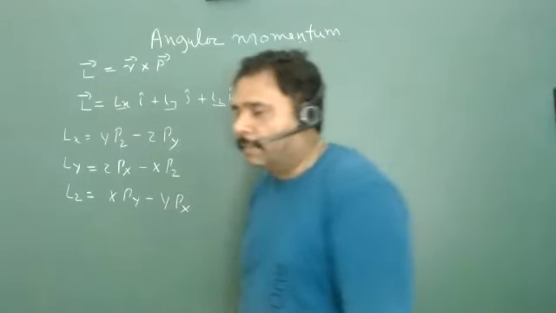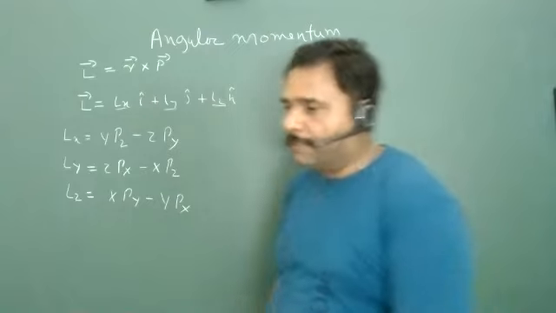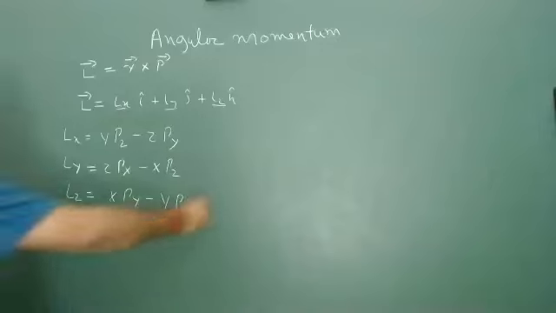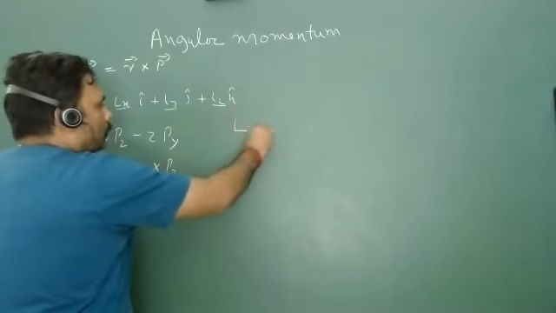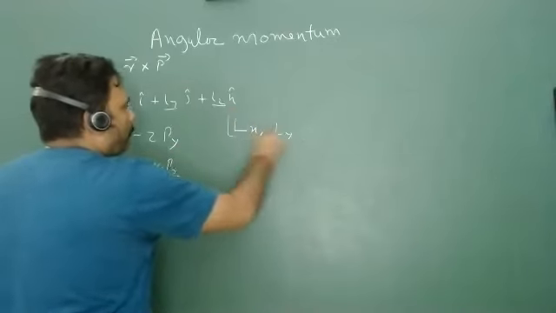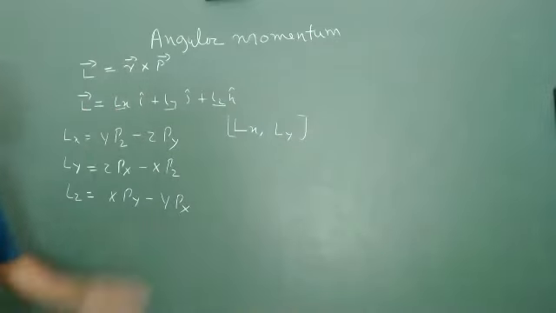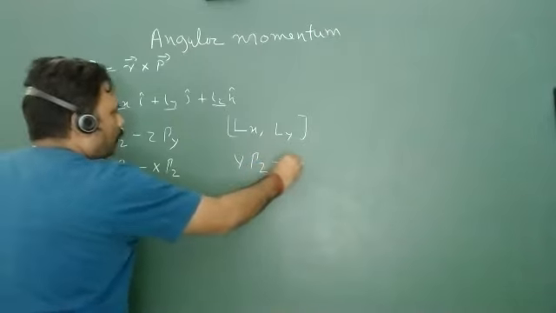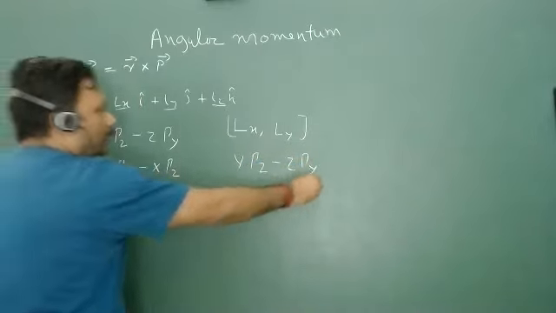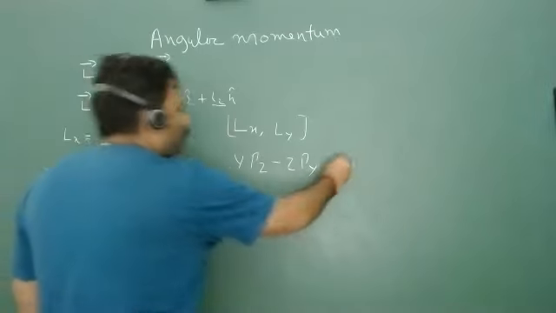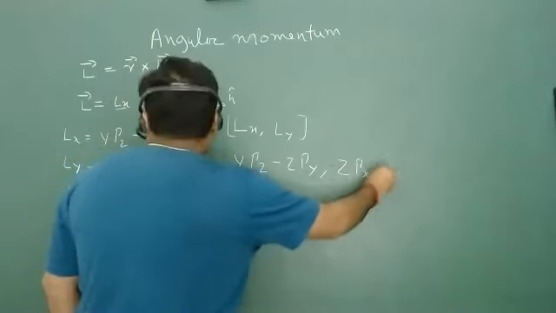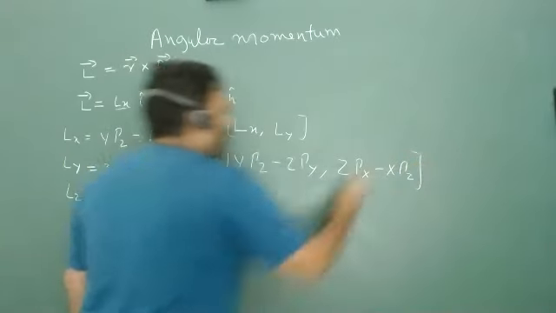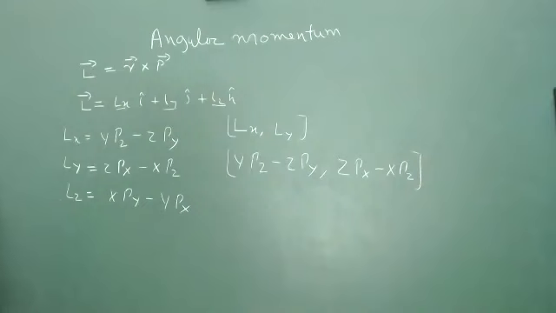So let's go for the commutation algebra. First we will go for the commutation of Lx and Ly. Lx is y pz minus z py, and Ly is z px minus x pz. We have to see whether they commute or not.